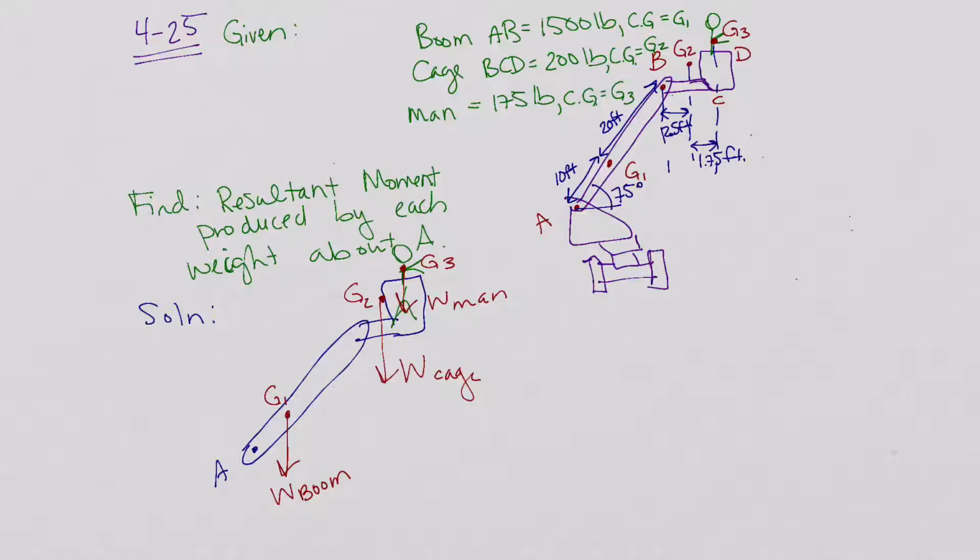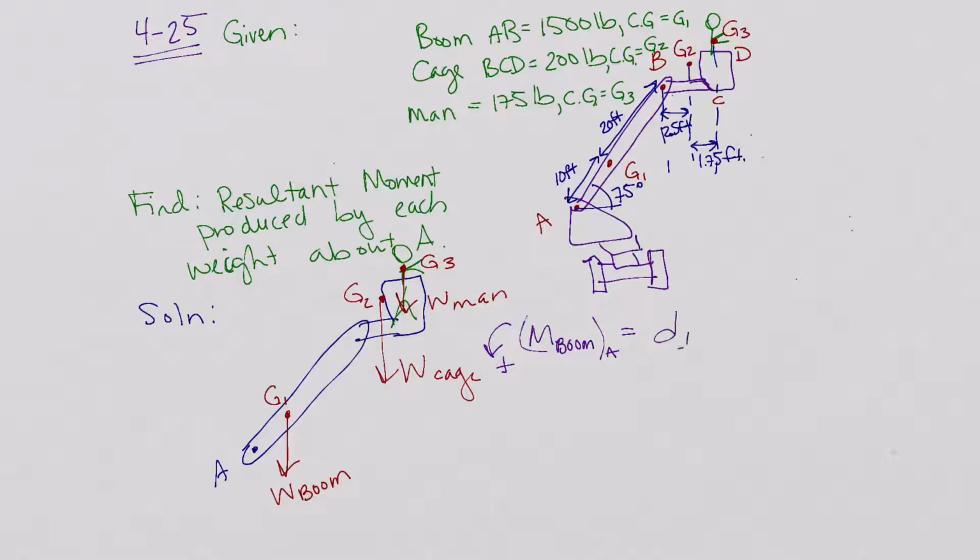So the moment due to the boom about A is going to equal, and we're just going to stay with that sign convention, coming out of the screen as positive. Moment of the boom about A, we can do the perpendicular distance times that force, or the perpendicular force times the distance.